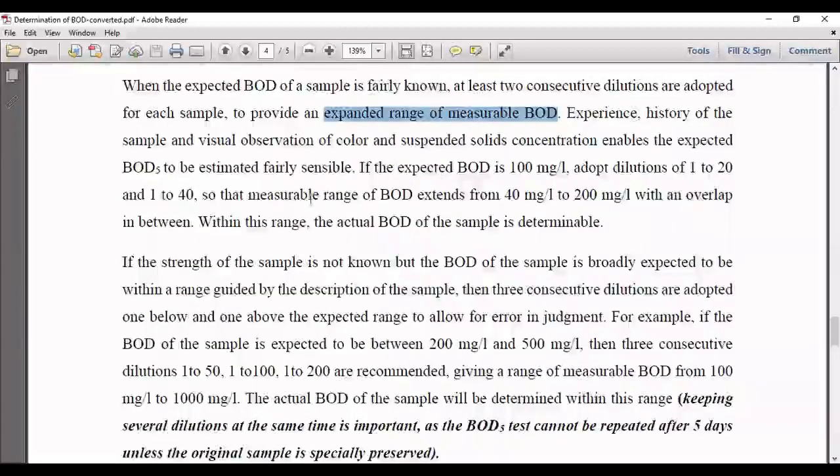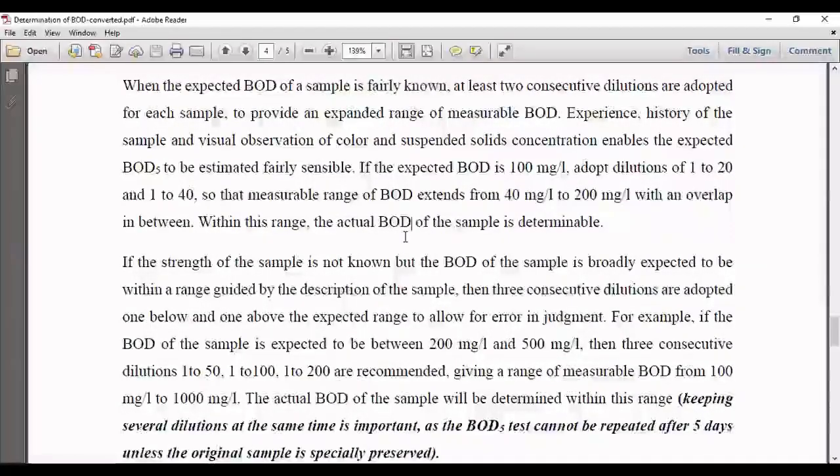Experience, history of the sample, and the visual observation of color and suspended solids concentration enable the expected BOD to be estimated fairly sensibly. If the expected BOD is 100 mg per liter, adopt the dilutions of 1 to 20 and 1 to 40, so that the measurable range of BOD extends from 40 to 200 mg per liter with an overlap in between.